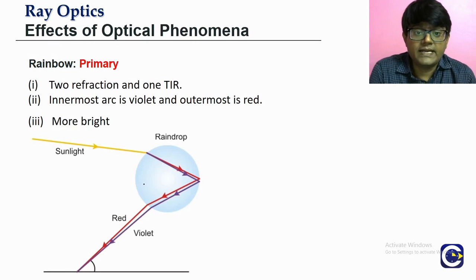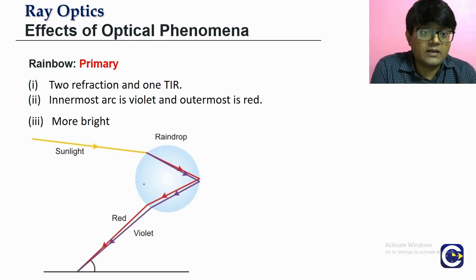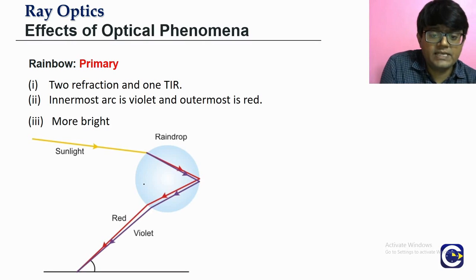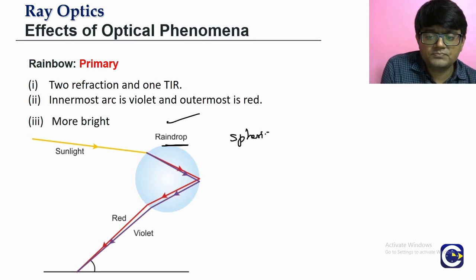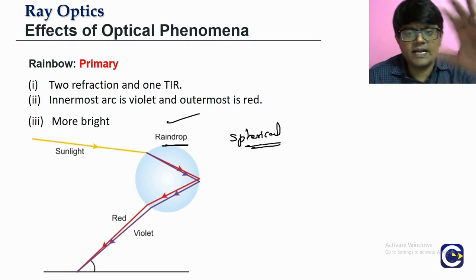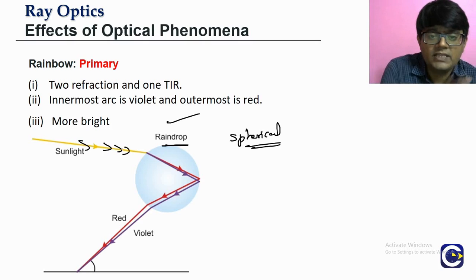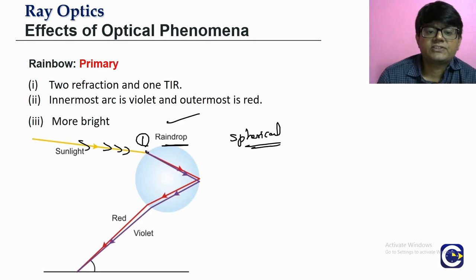So obviously you will get a doubt: what is the other rainbow? The other rainbow is called the secondary rainbow. We'll talk about it. The primary rainbow happens because of this raindrop. Let us consider the raindrop to be almost spherical. Sunlight, which is a mixture of all the VIBGYOR, will undergo a refraction first.